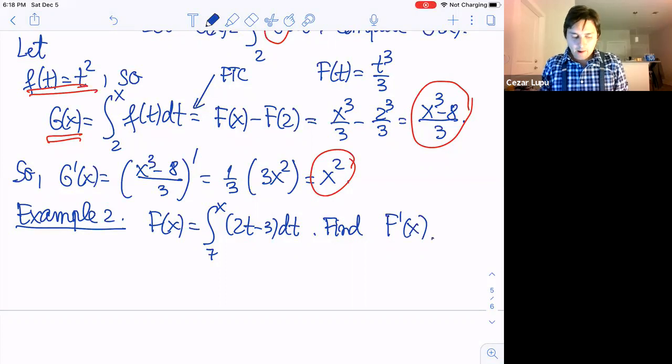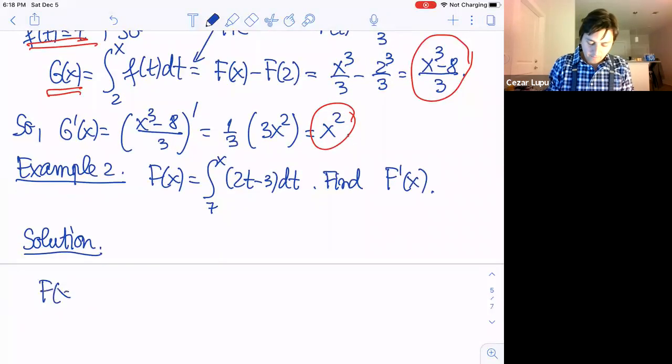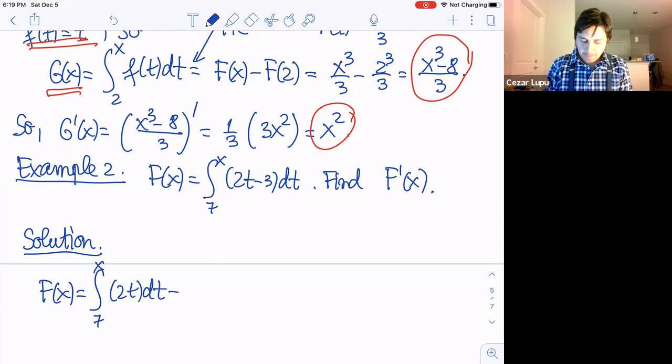All right, now let's write this. So you see, we can split this integral. So f of x is the integral from 7 to x of 2t dt minus the integral from 7 to x of 3 dt.